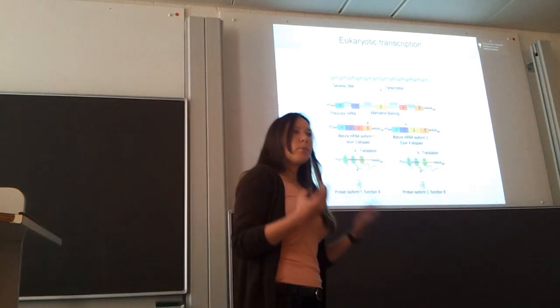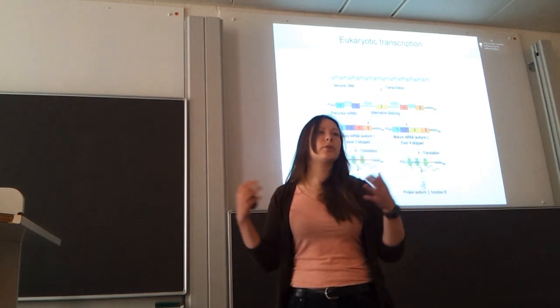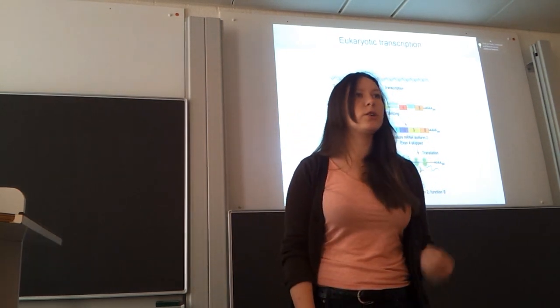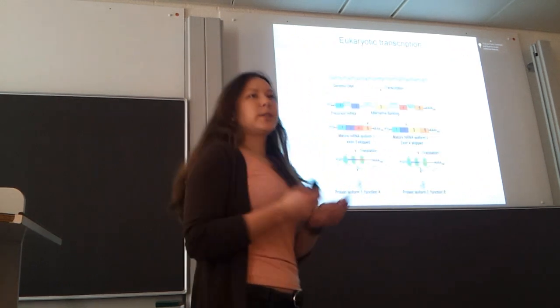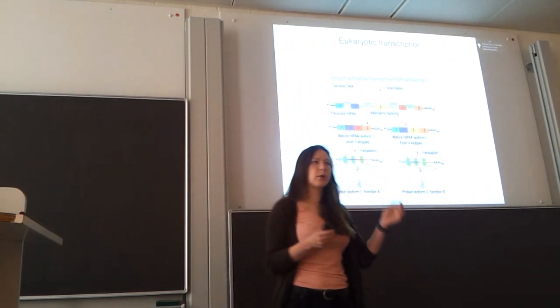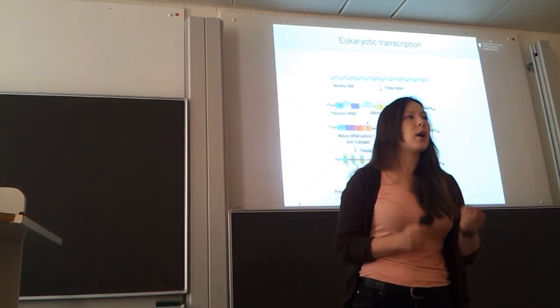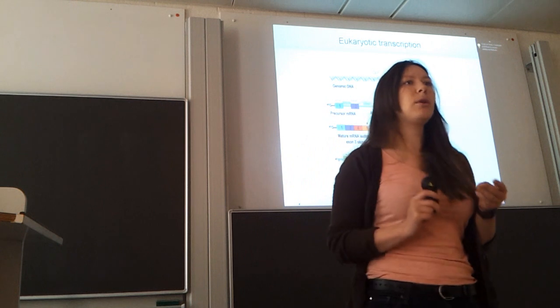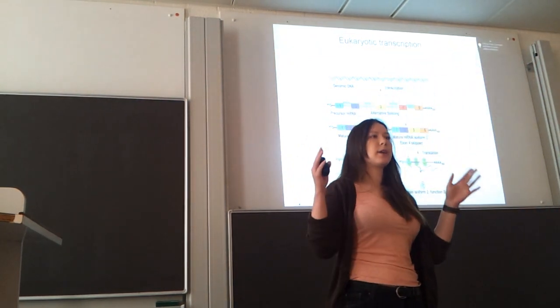Why do we need to remember this when we're doing our RNA-seq analysis? Because we will see those isoforms in our RNA-seq, and we need to be able to recognize those, right? So why do we sequence RNA? We can sequence on different levels. You've already heard that we can sequence on the DNA level, we can sequence on the RNA level, we can sequence on the protein level. And we can sequence different types of information.